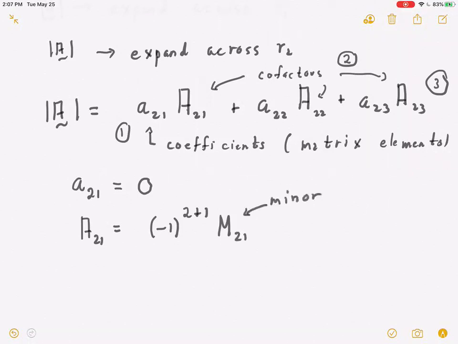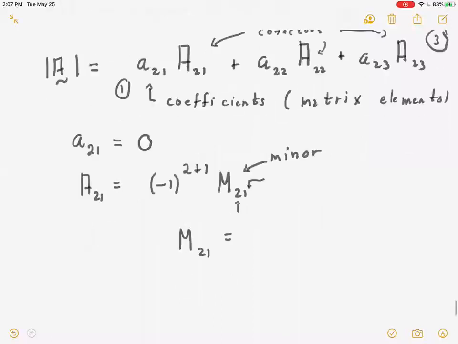And remember, the minor is the determinant of the matrix that you get when you eliminate from the coefficient matrix the second row and the first column. So I'll just write it here as a reminder. Here's A.